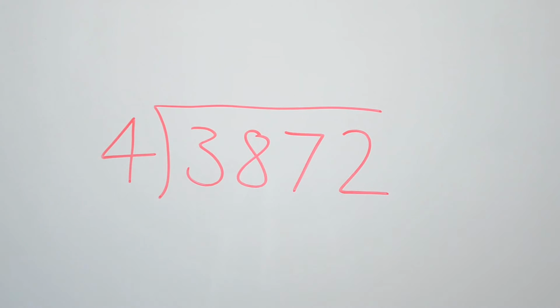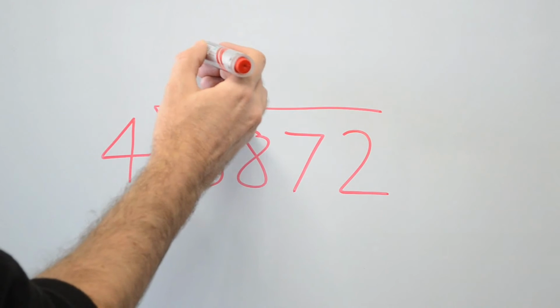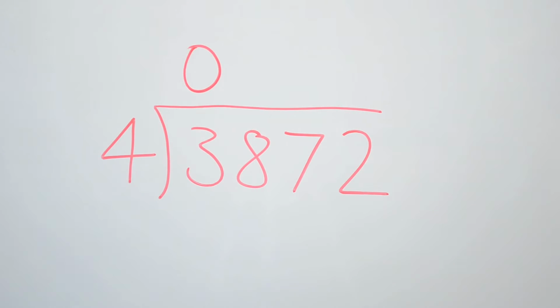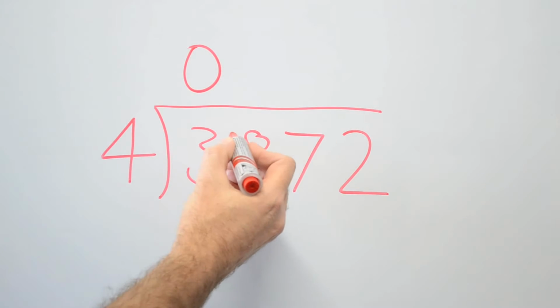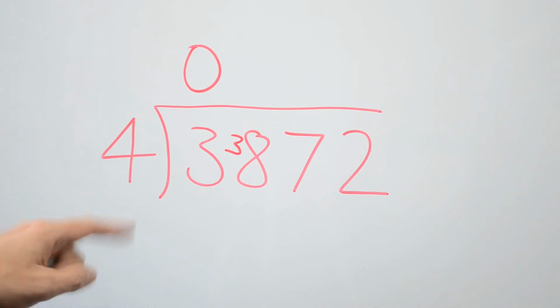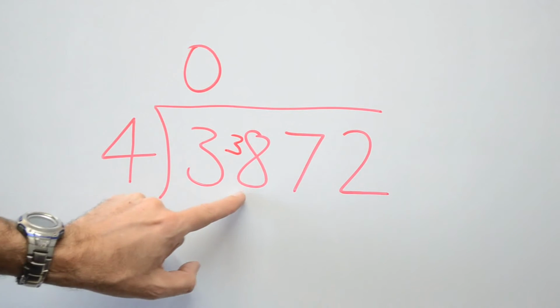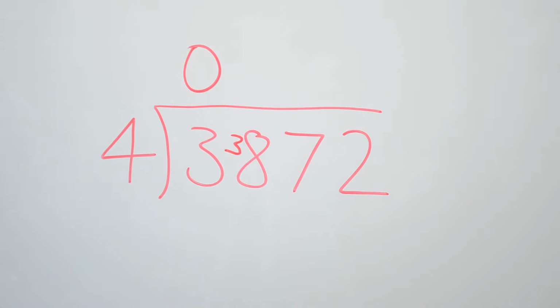Now, can we put a 0 above the 3? Yes. We can if we want to. It doesn't matter. You can leave it blank or you can put a 0, whichever is easiest for you to understand. But technically speaking, 4 goes into 3 no times. So we move our 3 across here to make 38. Now you can just imagine that together as 38. And that's perfectly fine too.